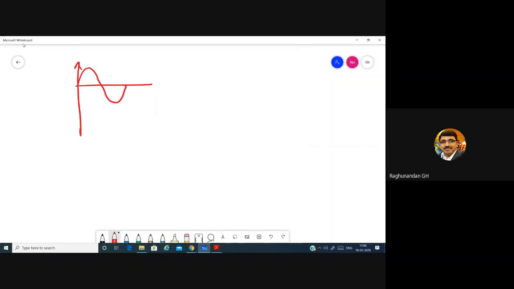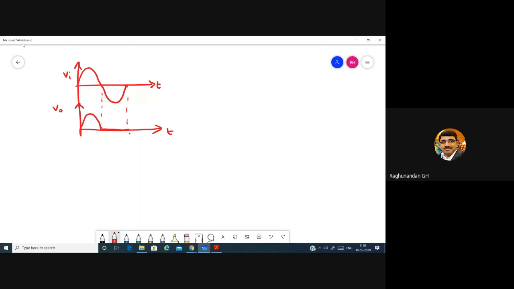This is Vi, this is our V naught versus time period. Positive half cycle, V naught is equal to V in, negative half cycle is 0.